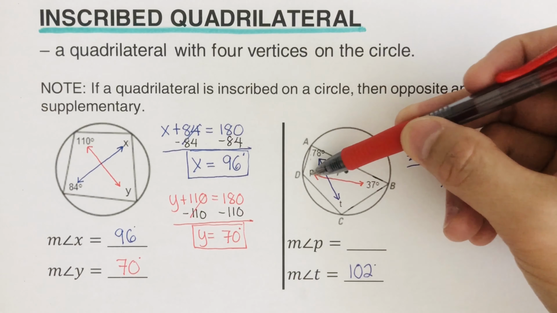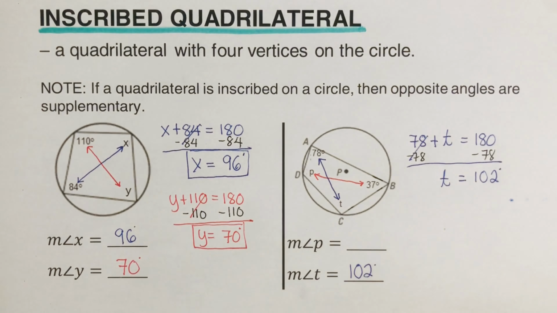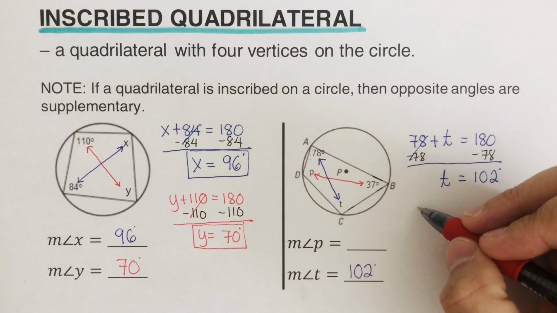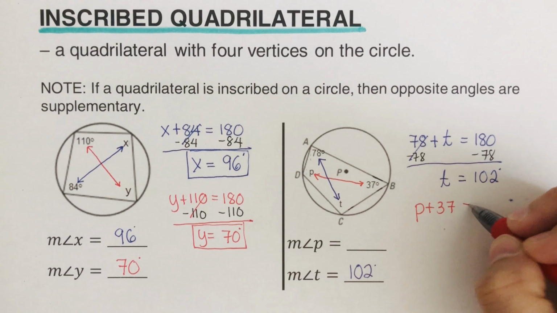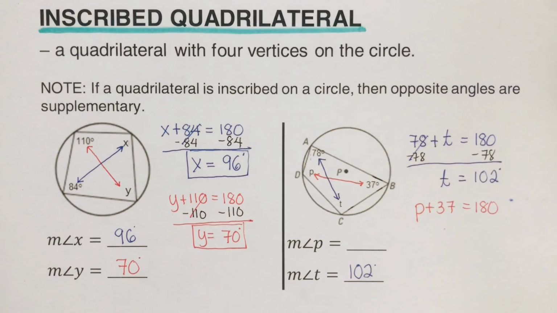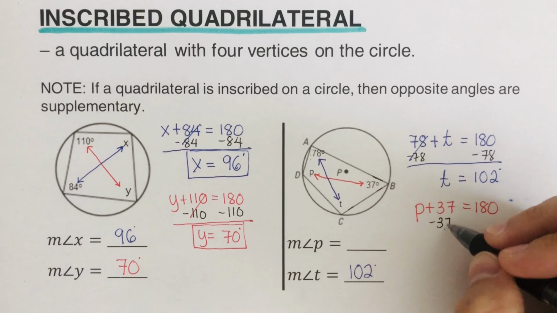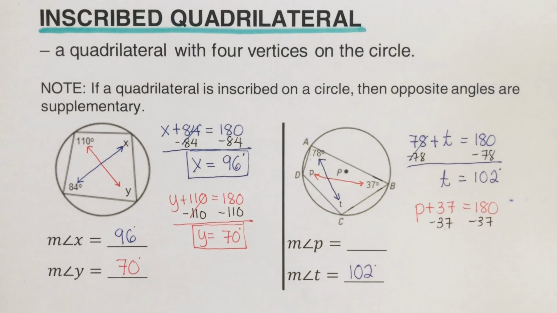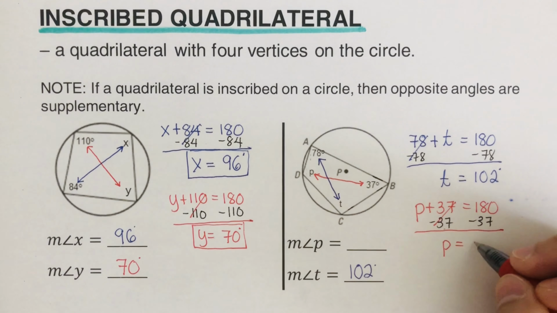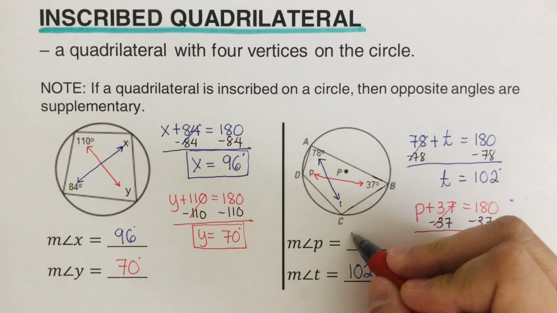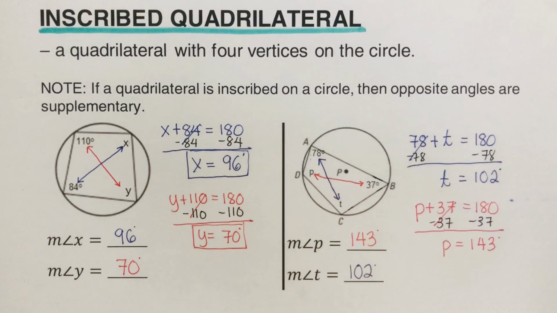So I can write P plus 37 equals 180. Then we subtract 37 from both sides. We are left with P equal to 143 degrees.